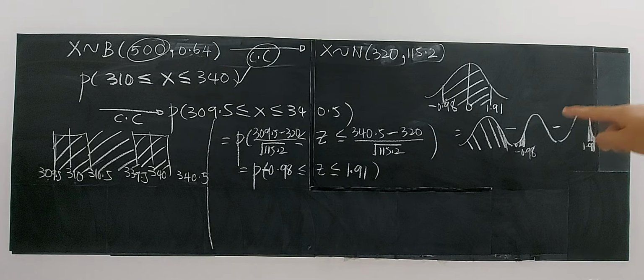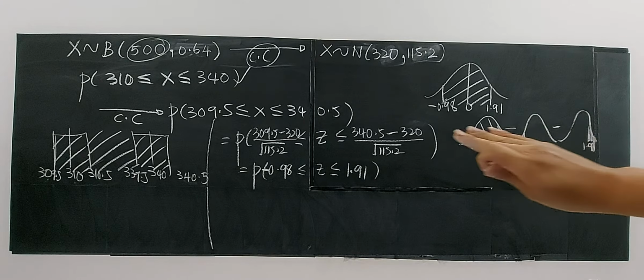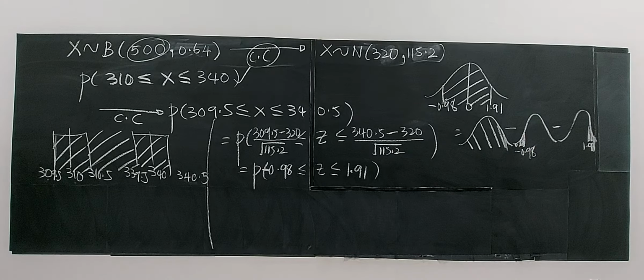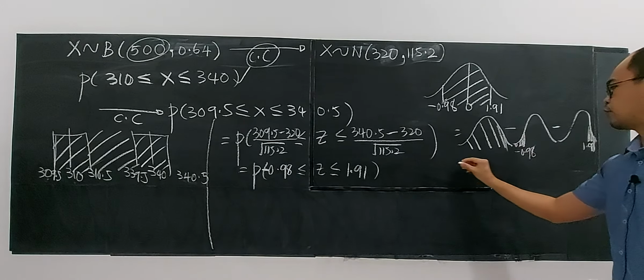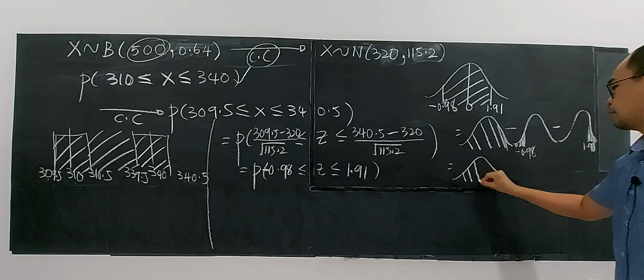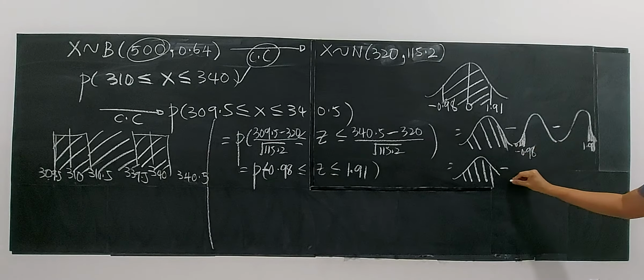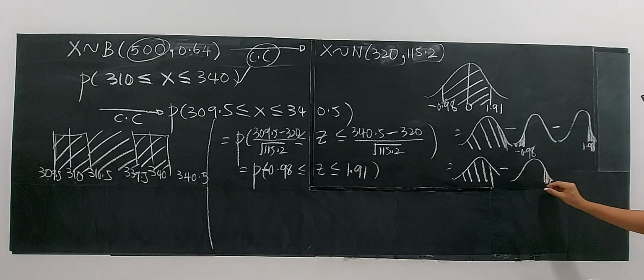Our matriculation statistical table uses the upper tail, so don't disturb the right side. The left one you have to reflect, so it becomes 0.98 here.